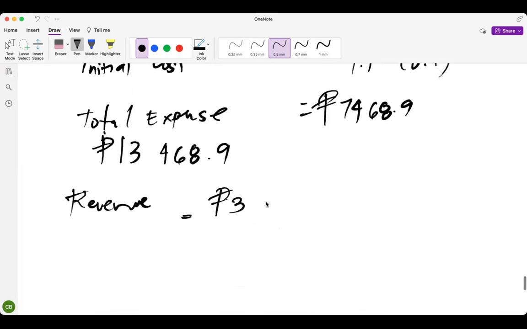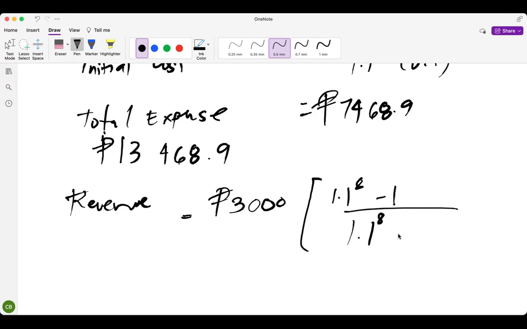So 3,000 multiplied by 1.1 raised to 8 minus 1 over 1.1 raised to 8 multiplied by 0.1.